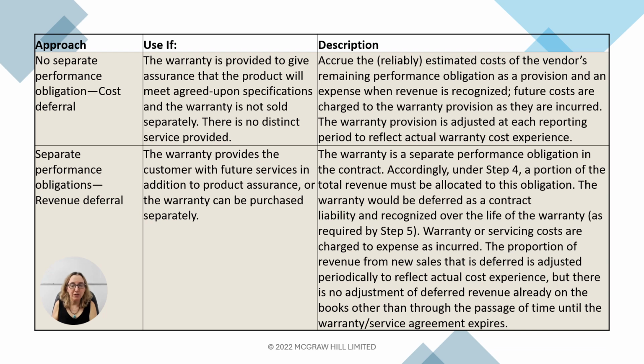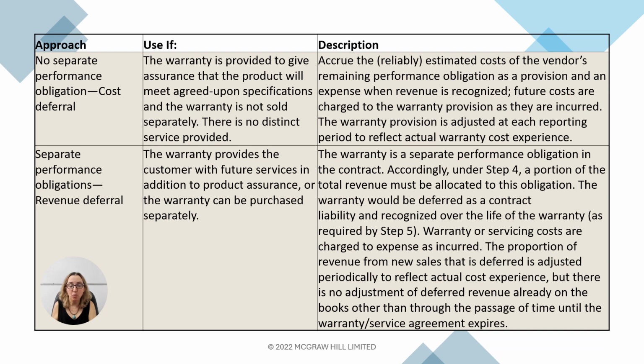Under the revenue deferral method, it's a bit more complex because here we say that there is a separate performance obligation. In other words, the warranty is something that can be purchased separately, and it does provide the customer with future services in addition to just product assurance. So the warranty here is a separate performance obligation, and that means you have to allocate part of your total revenue to the obligation. The warranty would then be deferred as a contract liability and recognized over the life of the warranty.